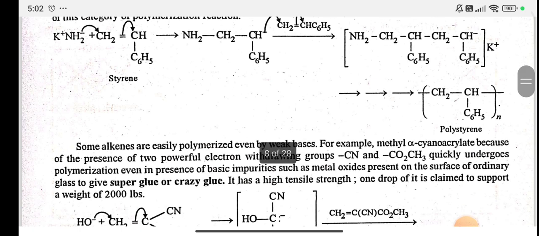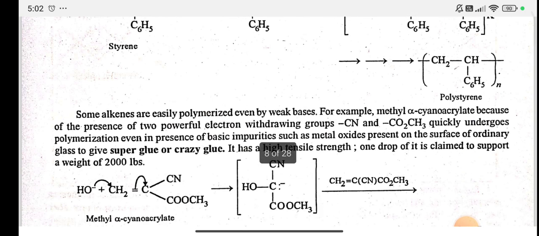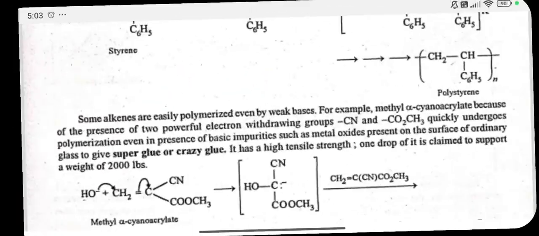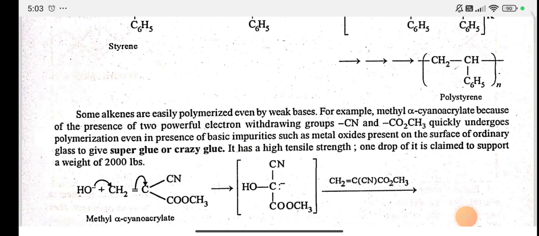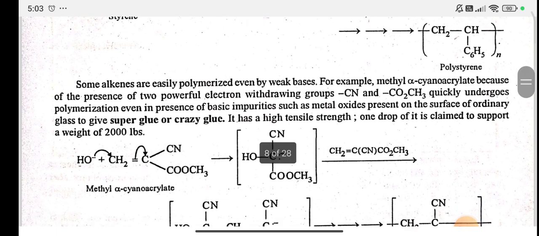Some alkenes are also easily polymerized even by weak bases. For example, methyl alpha-cyanoacrylate, because of the presence of two powerful electron withdrawing groups, CN and CO2CH3, quickly undergoes polymerization even in the presence of basic impurities such as metal oxide present on the surface of ordinary glass, to give a super glue or crazy glue.